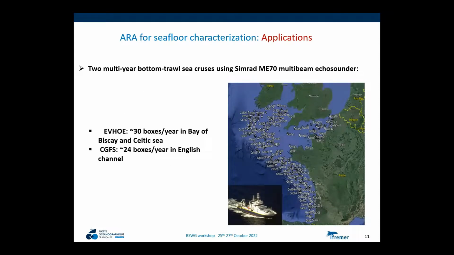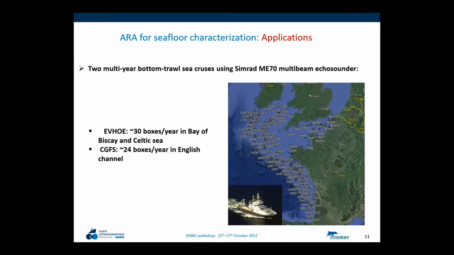So here are some examples, also shown by Xavier. Essentially, in IFREMER we have two main multi-year campaigns, called IBTS and CGFS, using the ME70 multibeam sounder, which is calibrated each year with the target sphere, and we use the bathymetry option for that.